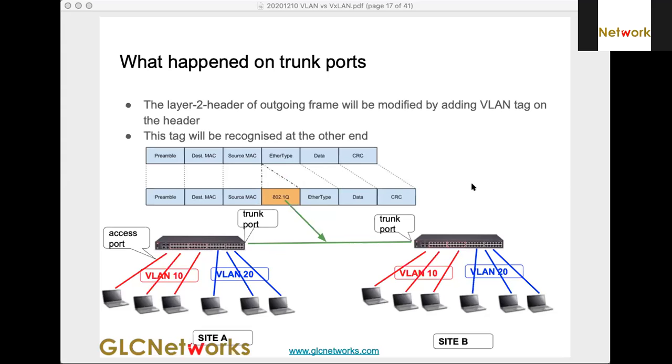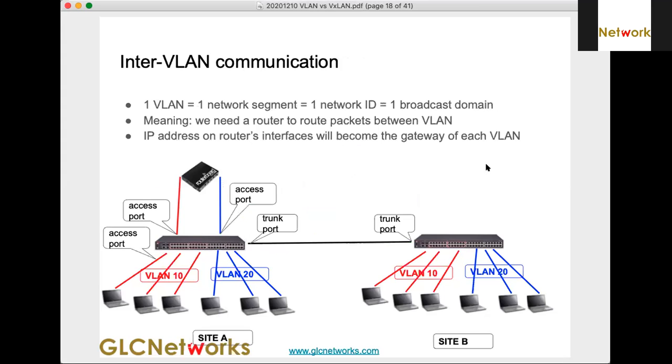Anything else? No. So what if one PC wants to connect to another PC in a different VLAN? Because a different VLAN is a different segment, and the purpose of a router is to connect different segments, for example this segment and that segment, we really need the support of a router.